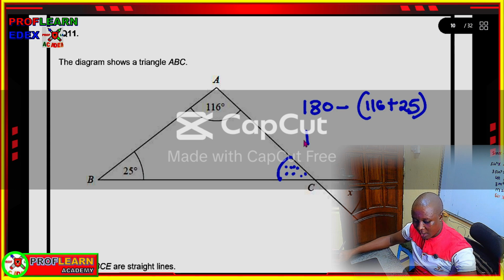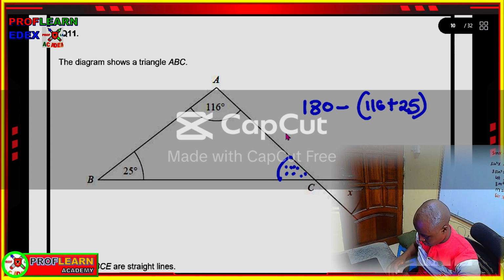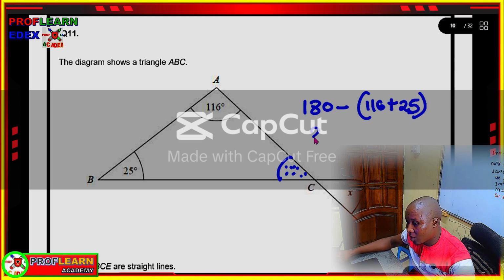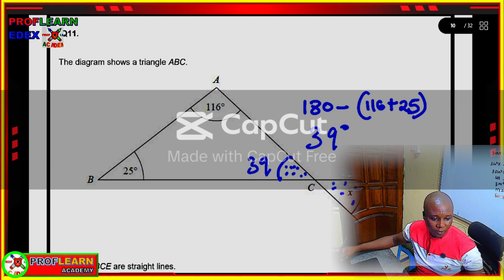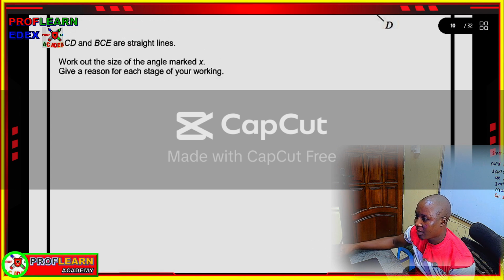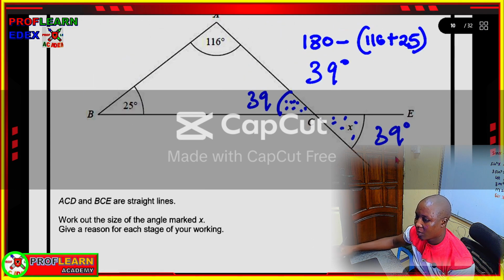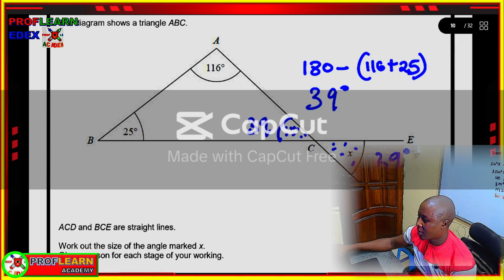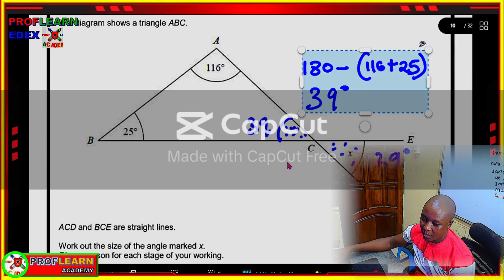Then 180 minus that answer we have gotten, this is going to be 39 degrees. So if this is 39 degrees, and this angle also is going to be what? 39 degrees. They are actually vertically opposite angles. Reason is they are vertically opposite angles. So we can transfer that down here so that we can make the examiner happy.